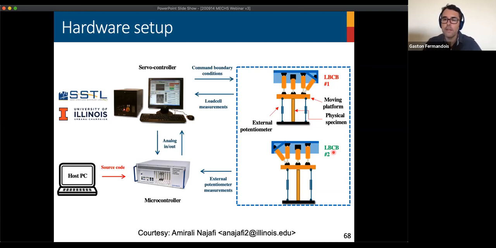I know that this is a quite difficult topic, but the details on this presentation are found on the references that I presented in the different slides. So if you want to know more about this research, you can have a look at these references.